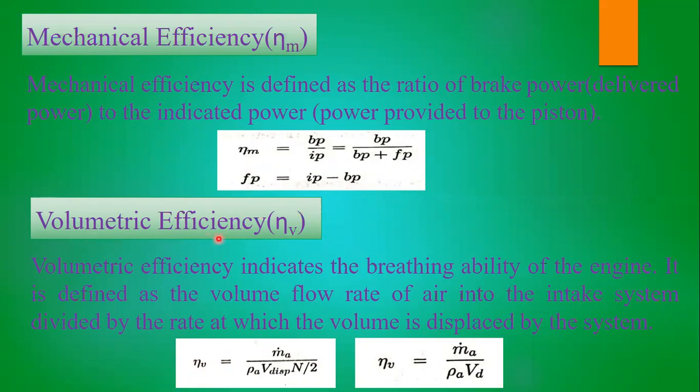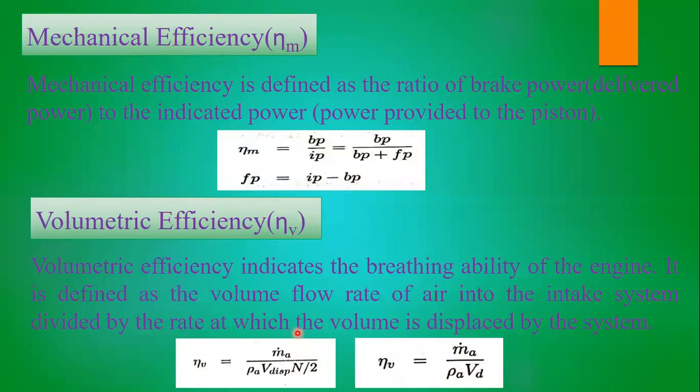Coming next to volumetric efficiency, we already discussed this several times, but from a different dimension we are going to discuss it. We already know that volumetric efficiency is nothing but the breathing ability of the engine. We have already defined it in two different terms, one on a mass basis, that is gravimetric, and another volumetric analysis.